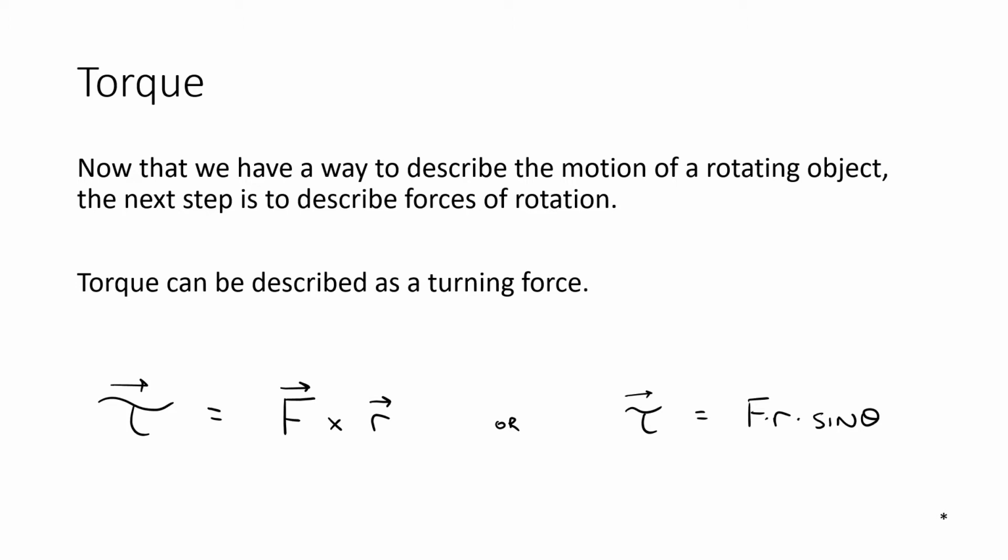There are two ways to get a bigger torque, a bigger turning force. You could apply a bigger force, or you could increase the radius of whatever force you're applying.